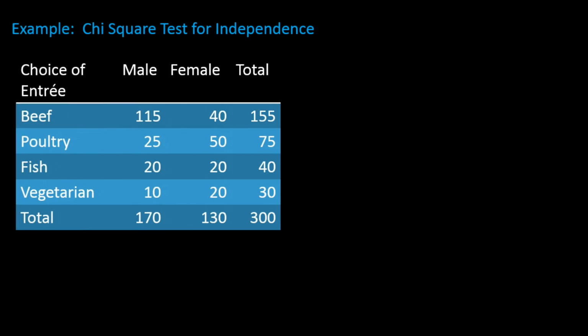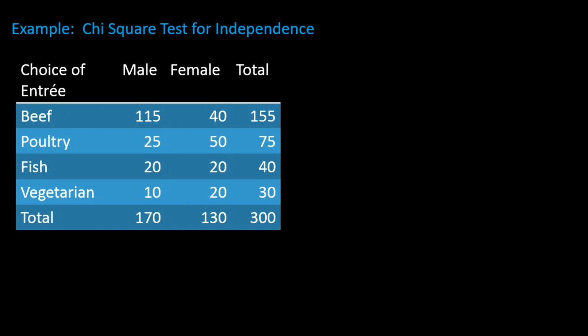Suppose we take a sample of 300 customers at a restaurant and ask them two questions, their choice of entree and their gender. As a result of their responses, we can construct this table of observed frequencies. This table is called a cross-tabulation or cross-classification table and organizes the data so that it can be viewed by both gender and entree choice.